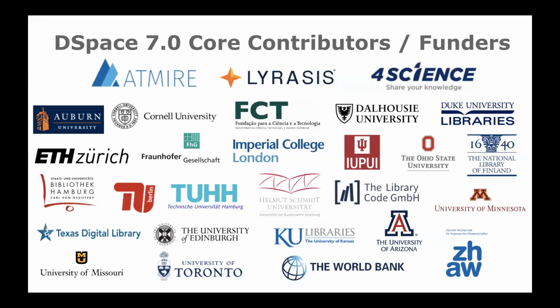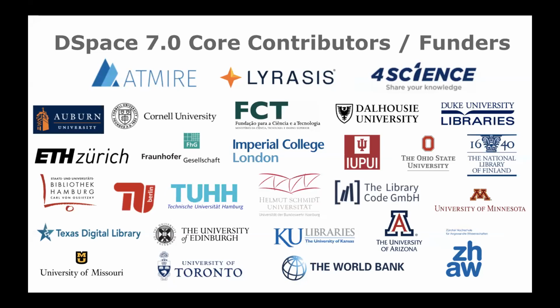And finally, or almost finally, these are the core contributors and funders for DSpace 7. I didn't really allude to it completely in this workshop, but I'll talk about it a little bit more tomorrow in a separate DSpace 7.0 introduction talk. A lot of this effort over the last year, the way we were able to keep things moving quickly, especially during a global pandemic and all this craziness, was through separate funding for DSpace 7.